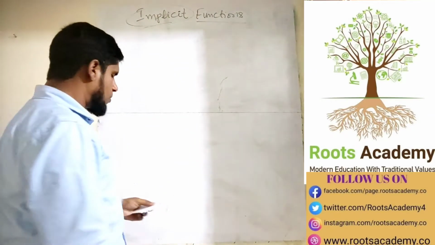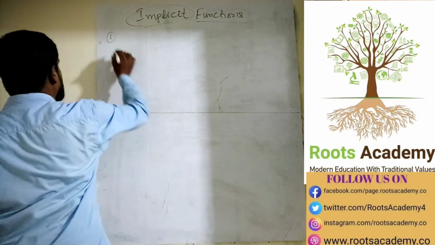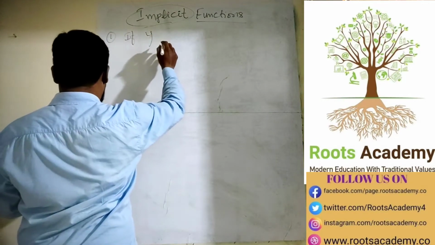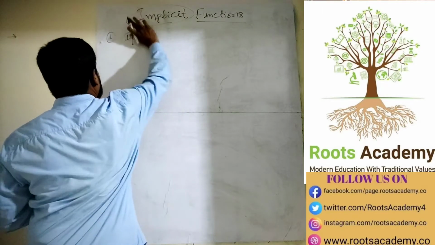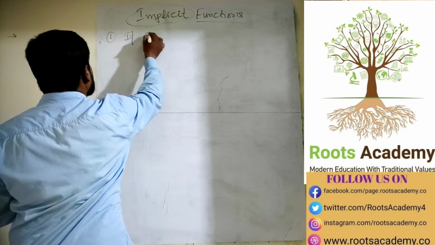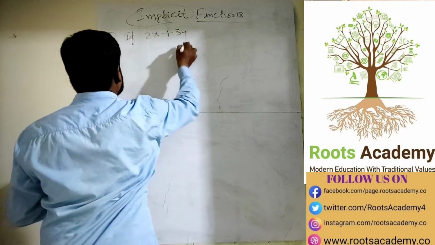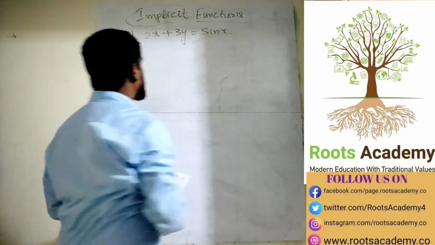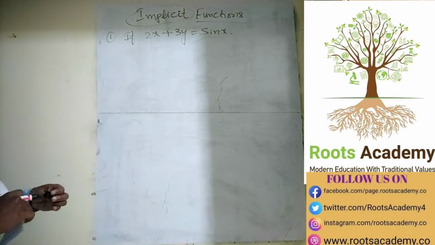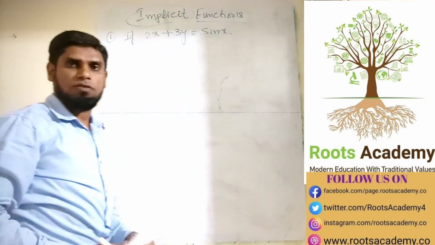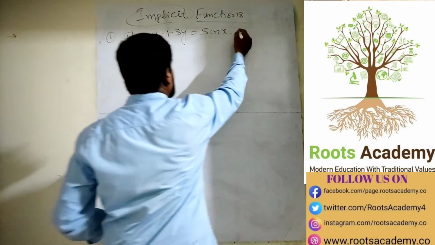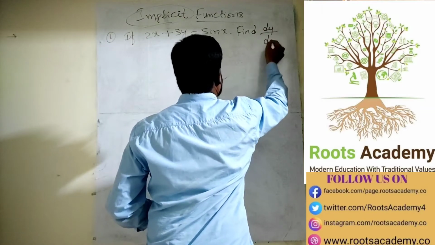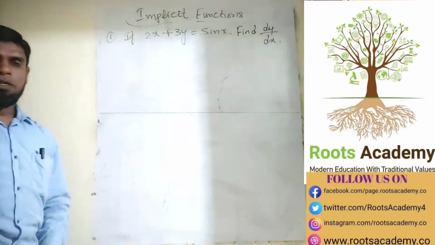The first problem based on implicit functions is: if 2x plus 3y is equal to sin x, find dy by dx.